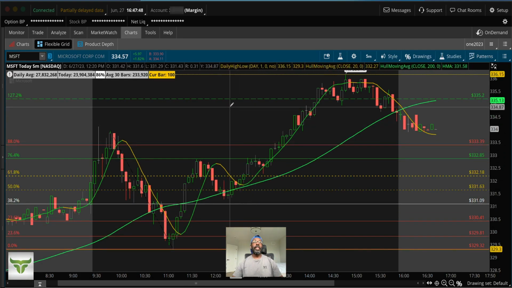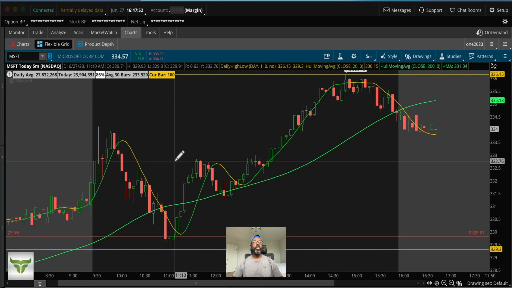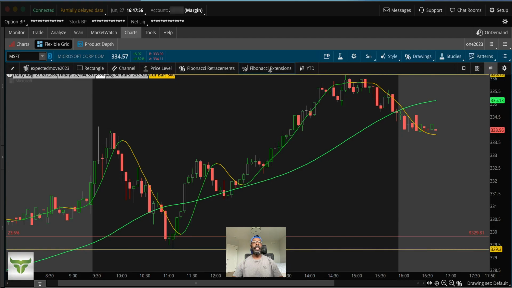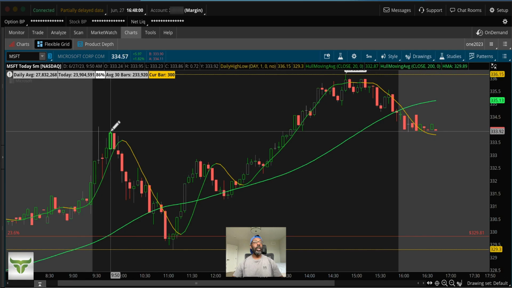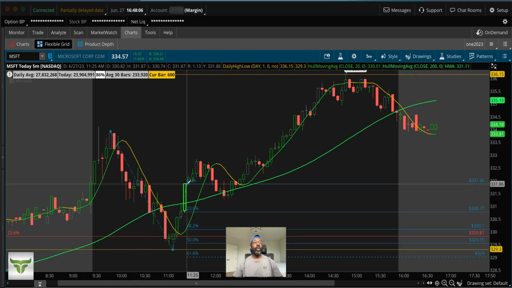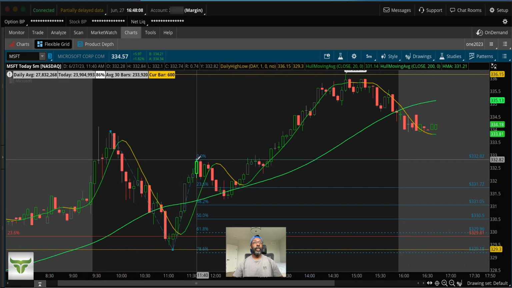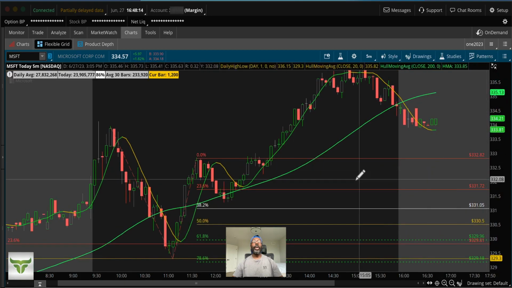Now, let's get out of the Fibonacci retracement and let's go with Fibonacci extensions so you can see the exact same thing. With Fibonacci extensions, we're looking at a high to a low to a high, and then now you're going to say to yourself, okay, so where do we go from here with the Fibonacci extension?